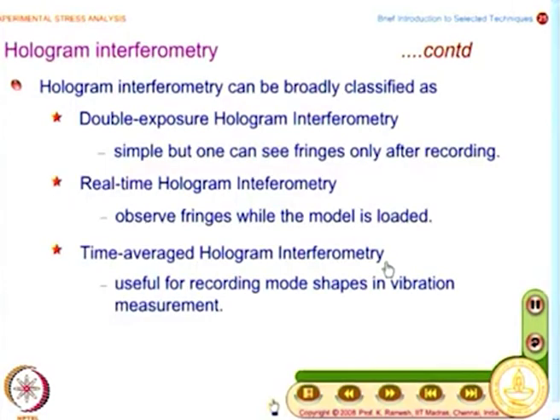Here you get Bessel fringes and so on. So, hologram interferometry can be broadly classified into 3 categories: double exposure hologram interferometry, real time hologram interferometry, and time averaged hologram interferometry.